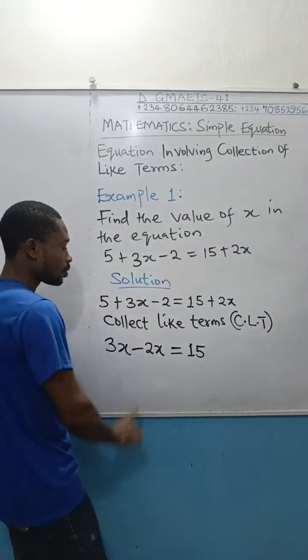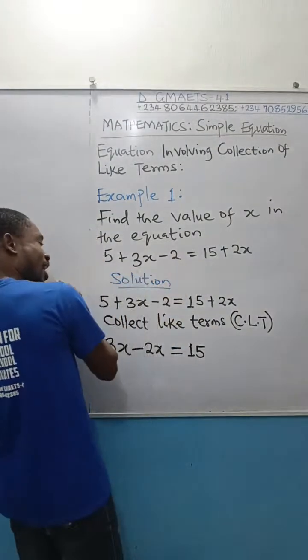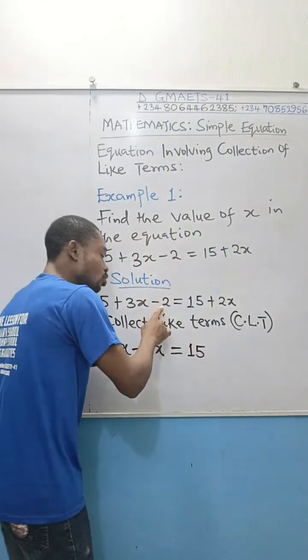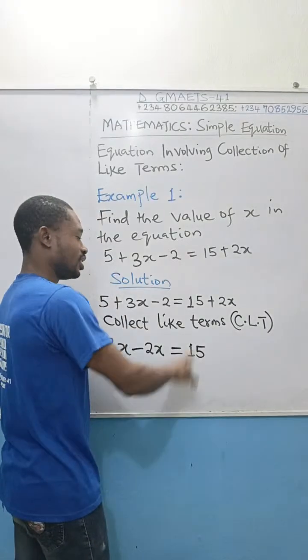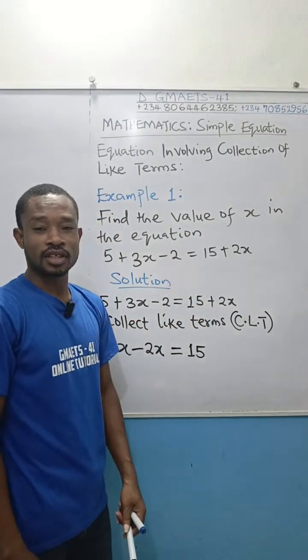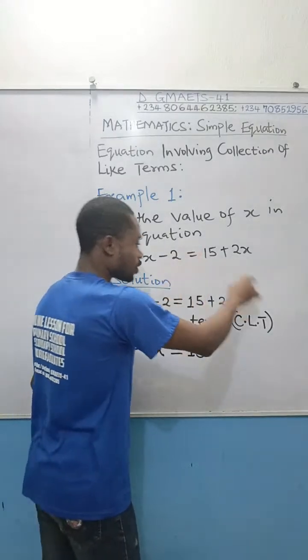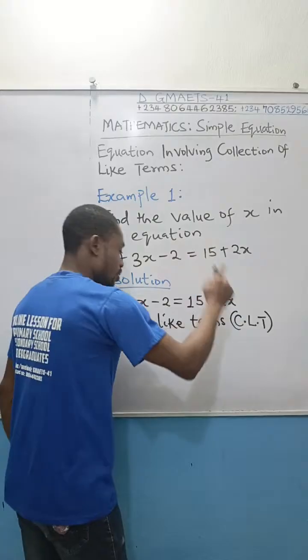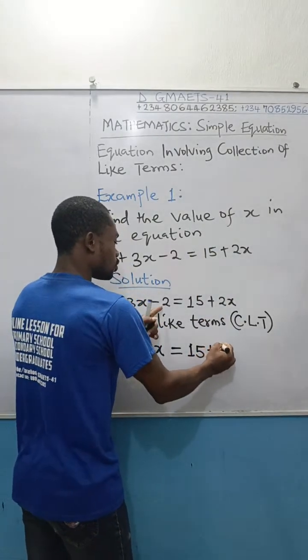So you write the 15 first. Now we go. Minus 2 from the left will be taken to the right because this minus 2 is a pure number. It is a like term of plus 15. So if minus 2 crosses equality sign, that minus will change to plus. So on the right-hand side, I'm going to write plus 2.